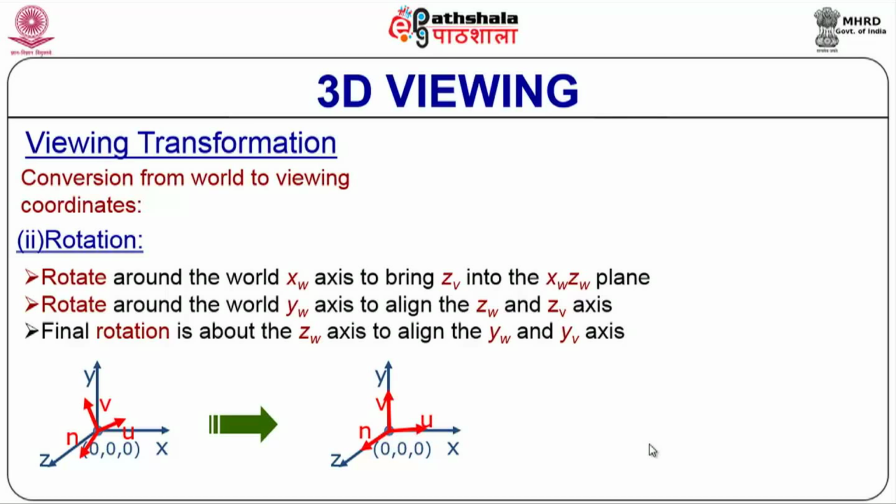First we perform a rotation about the x axis such that the z axis of the viewing coordinate system is in the xz plane of the world coordinate system. The next step is to perform a rotation about the world y axis such that the viewing z axis now aligns with the world z axis.